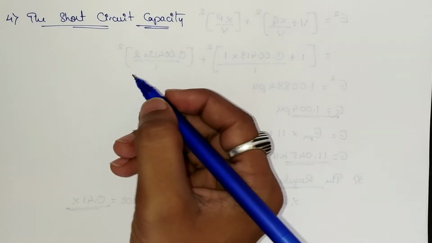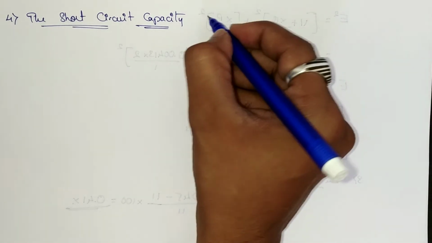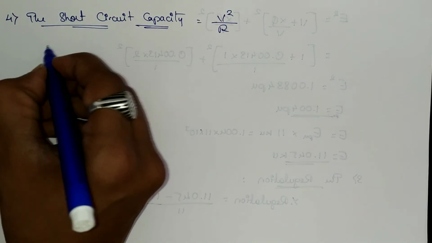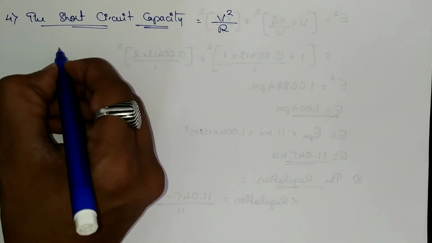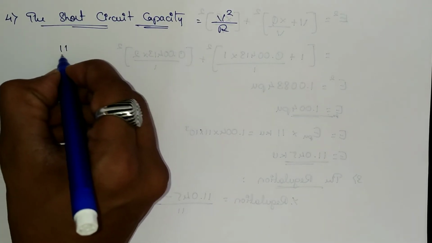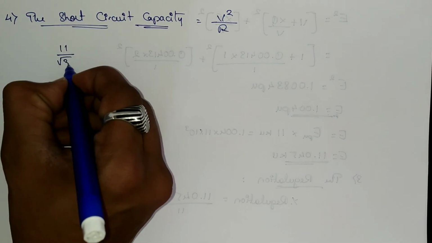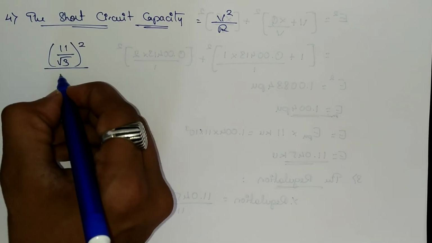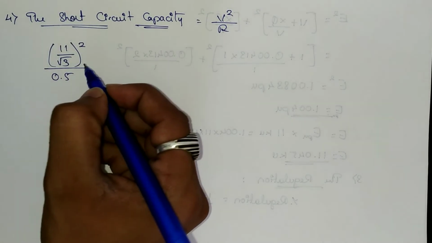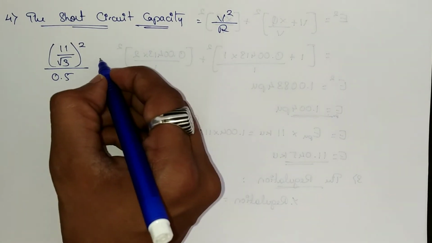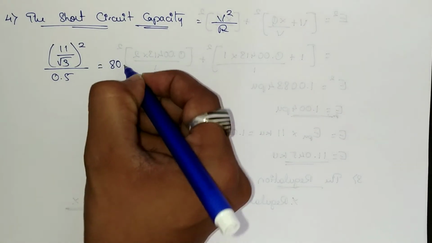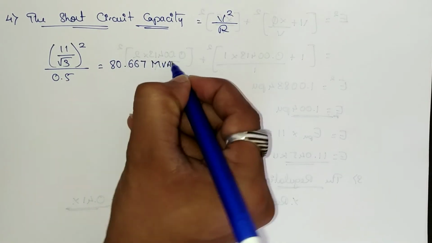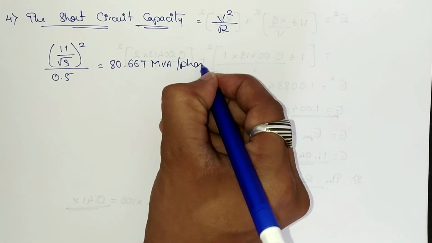Short circuit capacity is given by V square by R, and the value of V is 11 kV line to line, divided by root 3, the line voltage, whole square, divided by R, the value of R was 0.5 in the given system, which is equal to 80.667 MVA per phase.